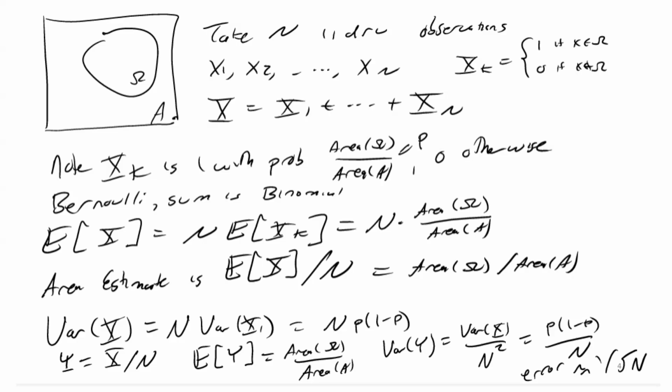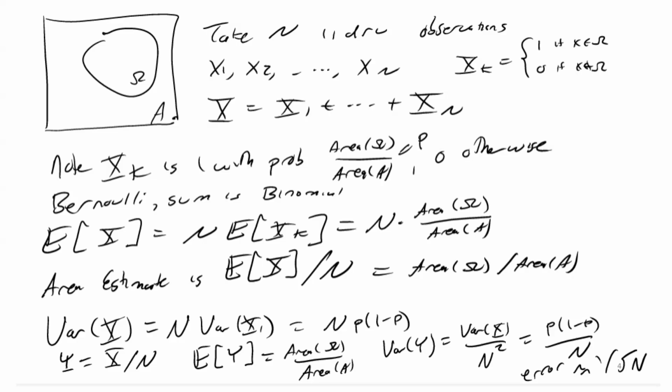Yeah, the area of omega over the area of A. So the probability that you land in omega is just the relative ratio of the area of omega to the area of A. If omega has relative size 1/2, then you would expect each xi to have mean 1/2. If it was 3/4, you would expect each one of them to be 3/4. So if I look at the sum of the xi's divided by n, that should converge to the area of omega divided by the area of A.